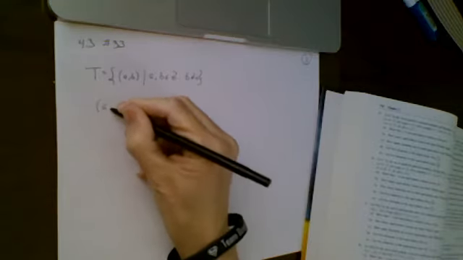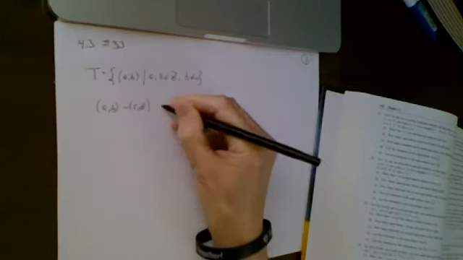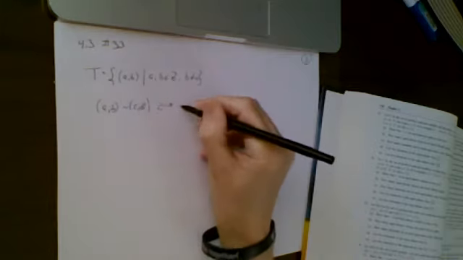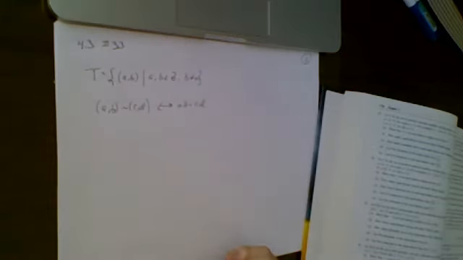So this is the same set we used to start defining the rational numbers, but the difference is now we say that (A, B) is equivalent to (C, D) if and only if A times B equals C times D, which is a different equivalence class than when we define the rational numbers.